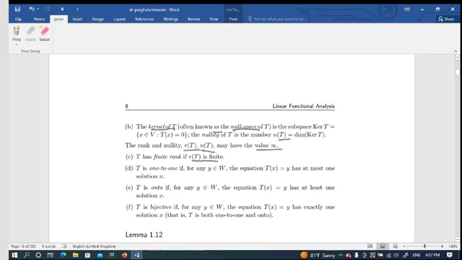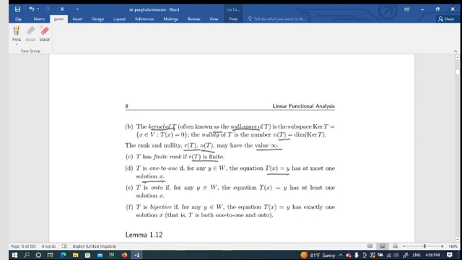T is one-to-one if for any y in W the equation T of x equals y has at most one solution. So it means that for any y, there is at most one x such that T of x equals y.